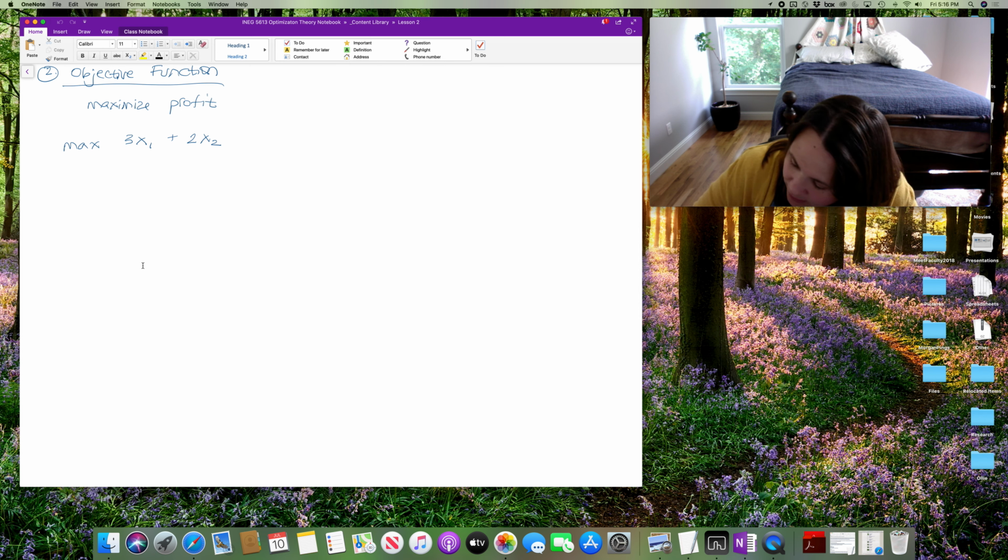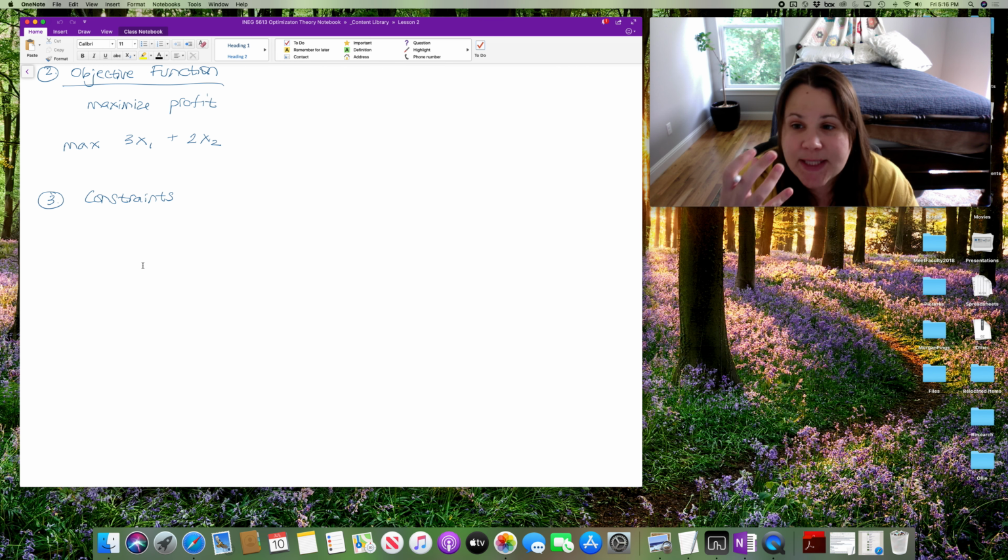Next is going to be our constraints. Our constraints are going to use data, but they're going to impose some limitation to the action. So we have data associated with small bricks. And so we could shorthand say we have a small bricks constraint.